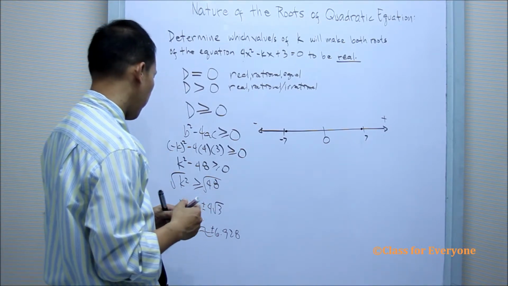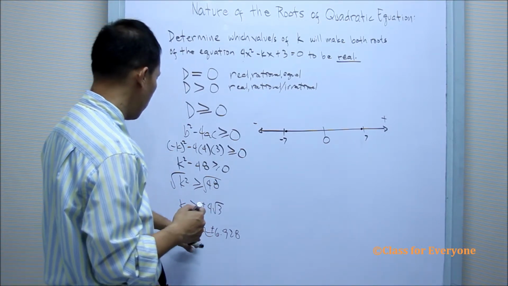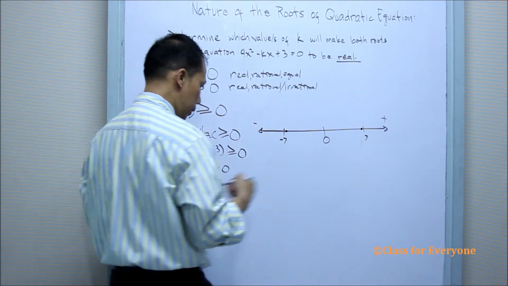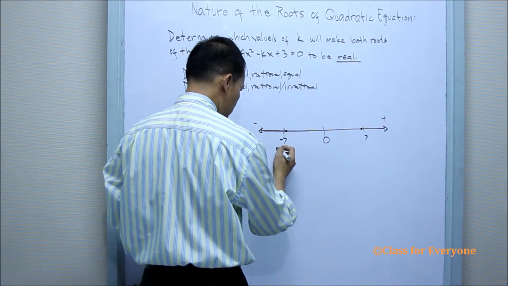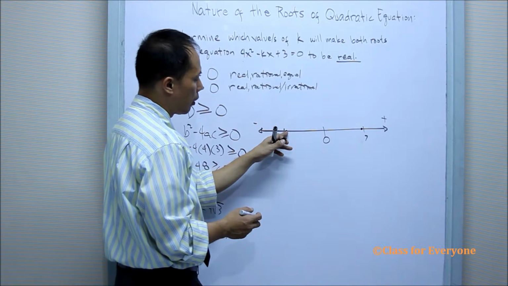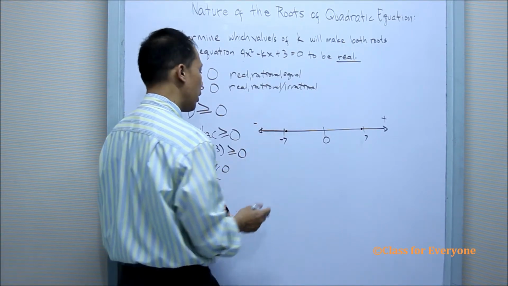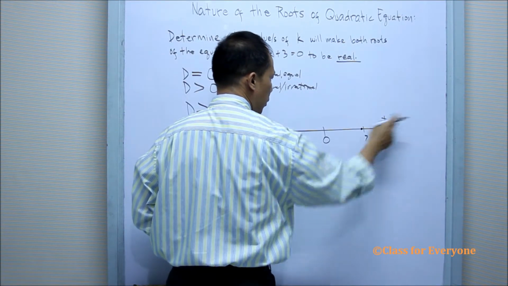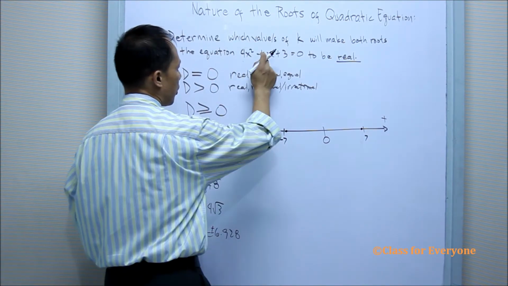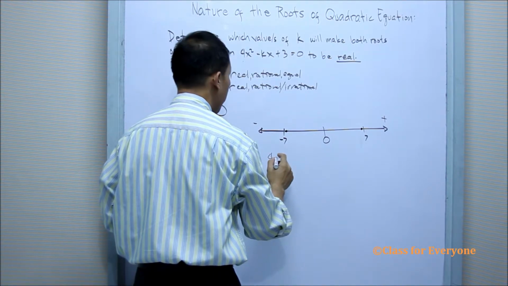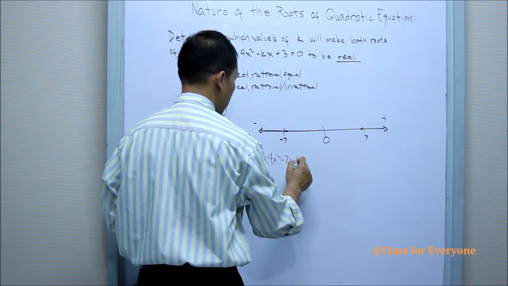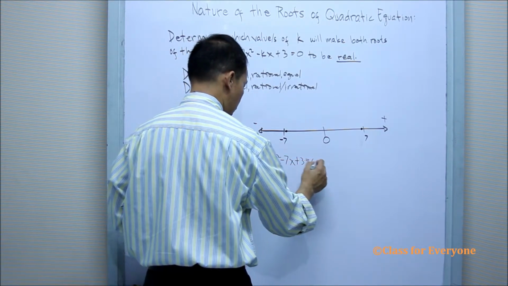In checking, if we're going to use the integer negative 7, for sure it is included in the solution set. If it is to the right, it will be positive 7. So let us substitute positive 7 to k. So we have 4x squared minus 7x plus 3 equals 0.